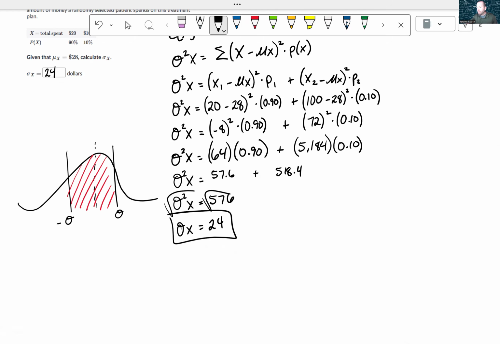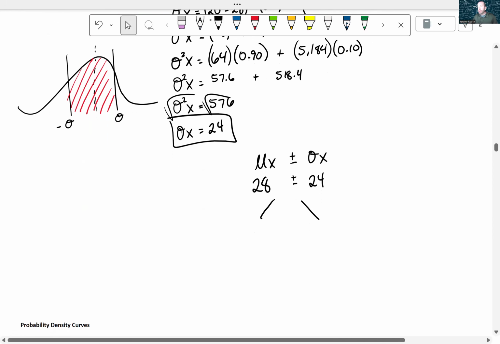So we have $28 as our expected value, and we're going to say plus or minus one standard deviation. So 28 plus or minus a standard deviation of 24. And so we're going to figure out what those two values are.